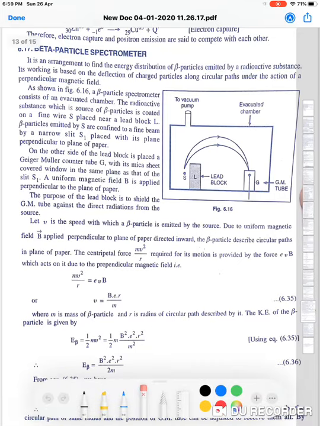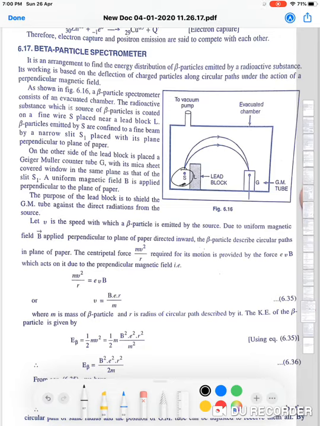There is a radioactive source here, and we used a lead block here, and if we apply the magnetic field here, then the particle will follow some circular trajectories.